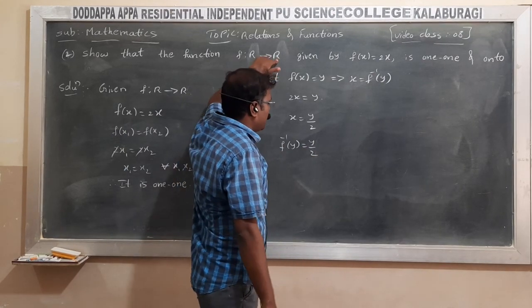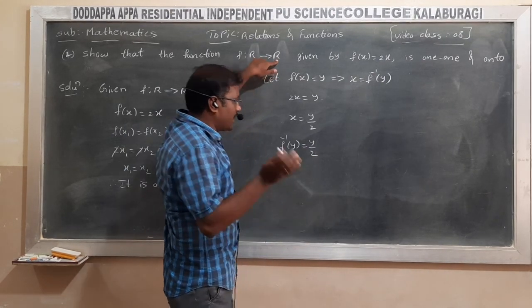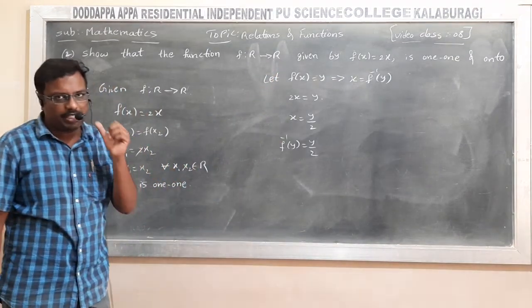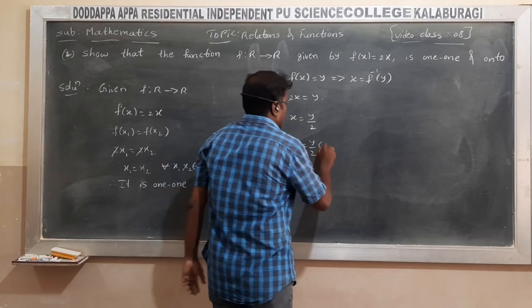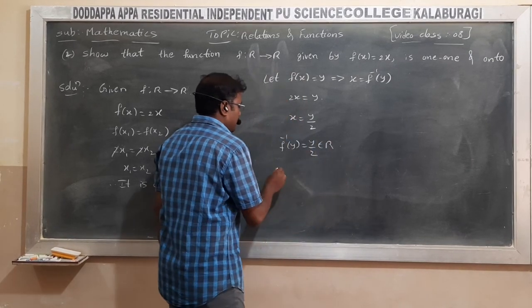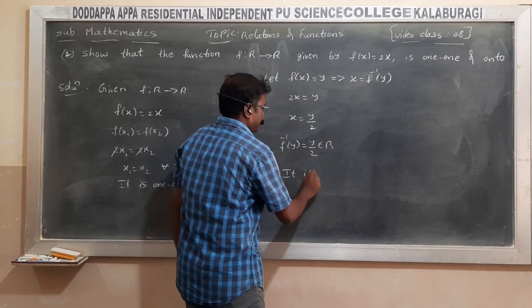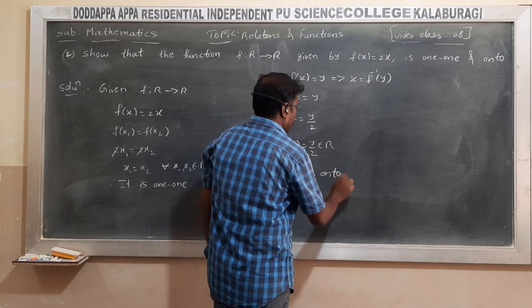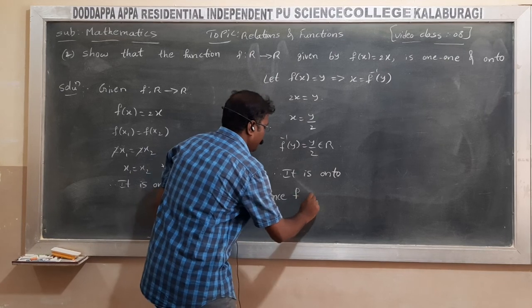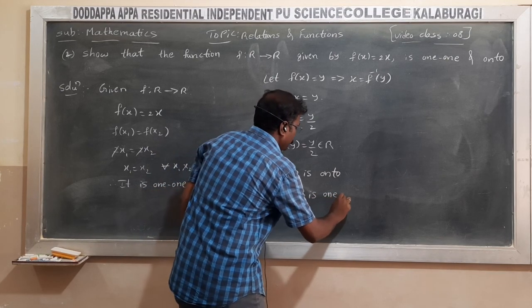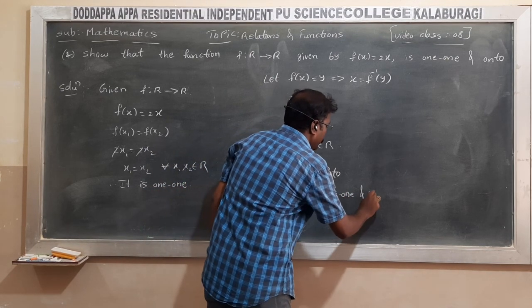Again it belongs to real numbers. Whether it is rational, irrational, natural number, whole number, whatever it may be, we get a value that again belongs to real numbers only. So that's why it is an onto function. Hence f is one-one and onto.